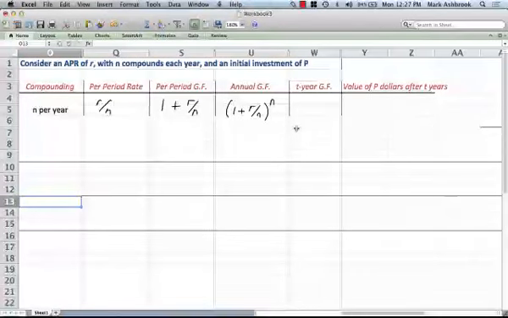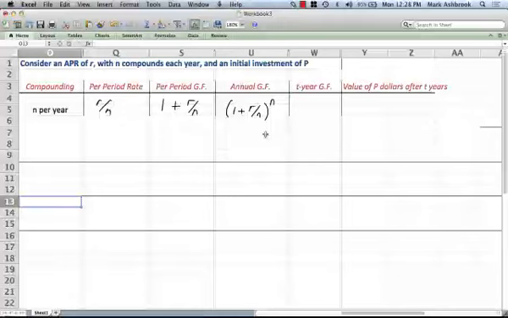Because that's how many periods you have for your compounding. You're going to multiply that per period growth factor together that many times to make up a year. So N times in a year, you multiply that per period growth factor times itself N times.